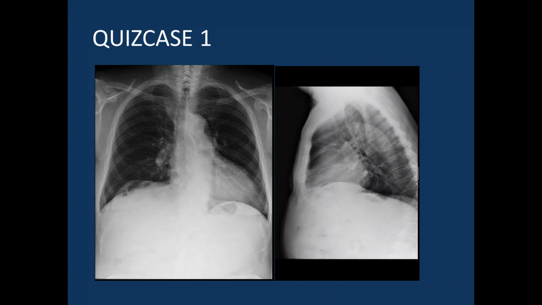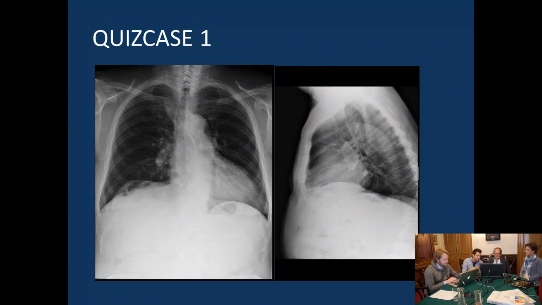So try to make a suggestion for this case. What is abnormal in this case? The lung and the heart are fine, but we're interested in the abdomen. I like the left diaphragm, but I don't like the right one.